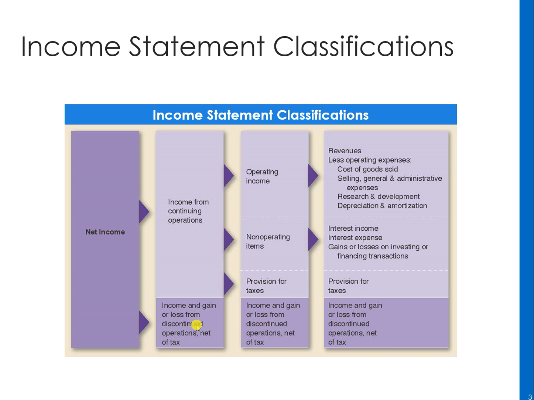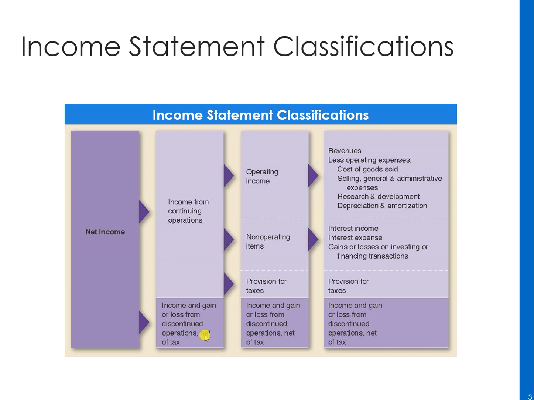Discontinued operations refers to the operations that the company discontinued during the year. For example, the company can sell one of its divisions during the year. Before the company sells the division, there is income from those operations, and that will be reported in this section, net of tax.